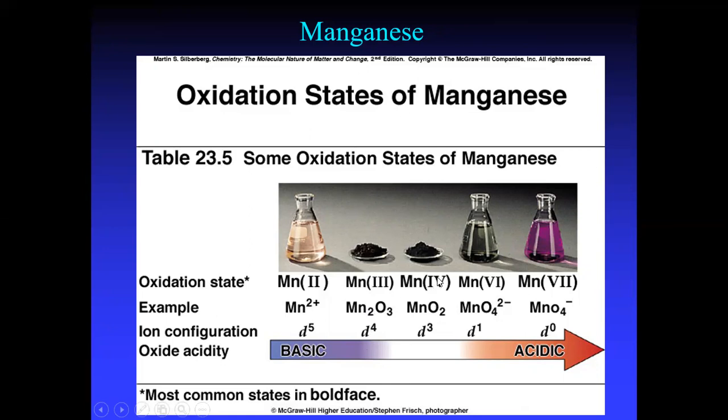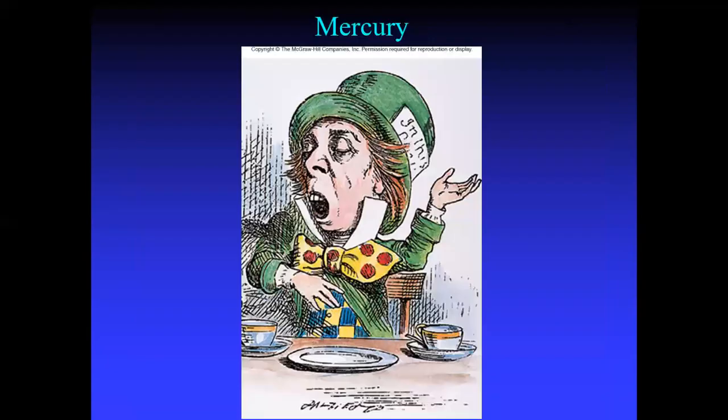Manganese dioxide, Mn in plus 4 state here, MnO2, d3 configuration. And manganese oxide here, d1, plus 6 oxidation state. Plus 7 oxidation state, this manganese oxide, d0 and acidic nature. This is how, with respect to the acidic nature, they keep changing.